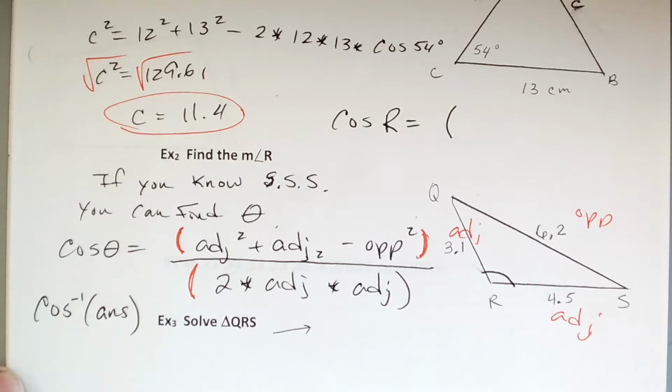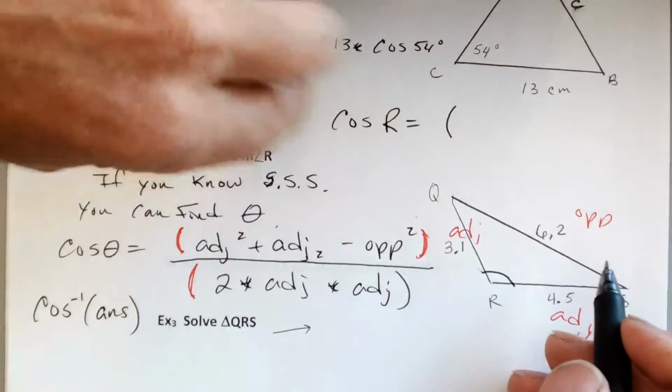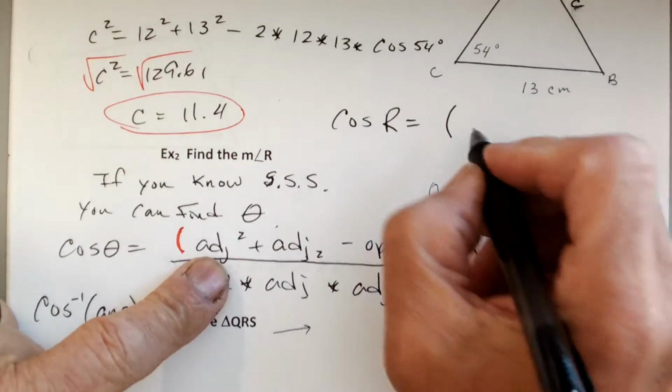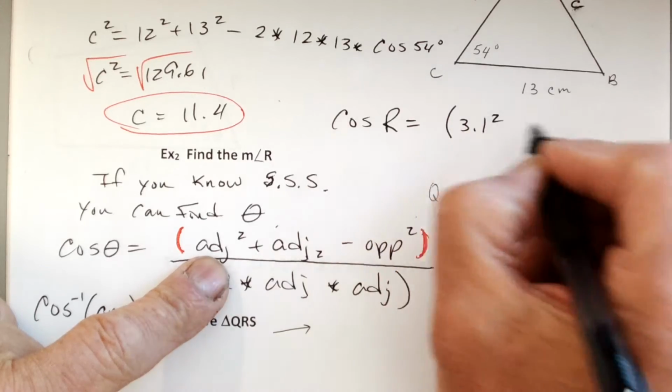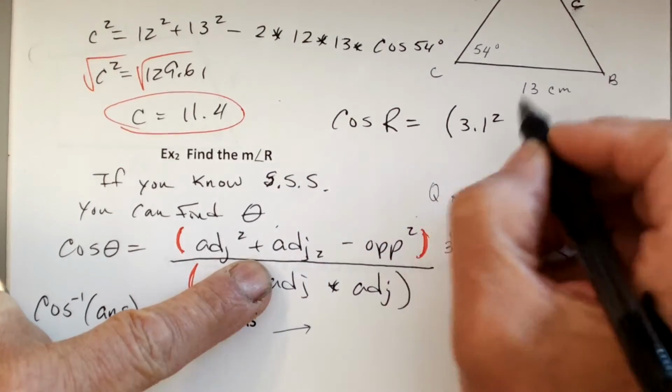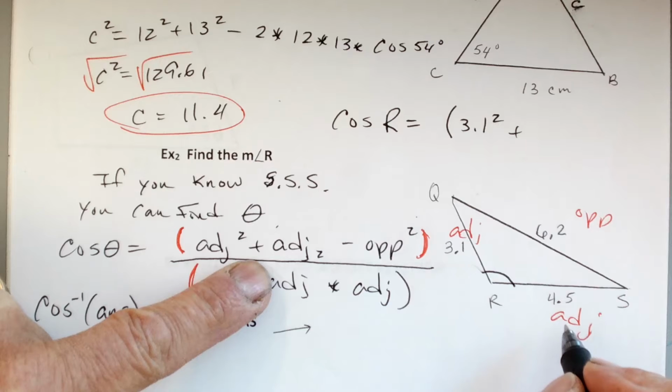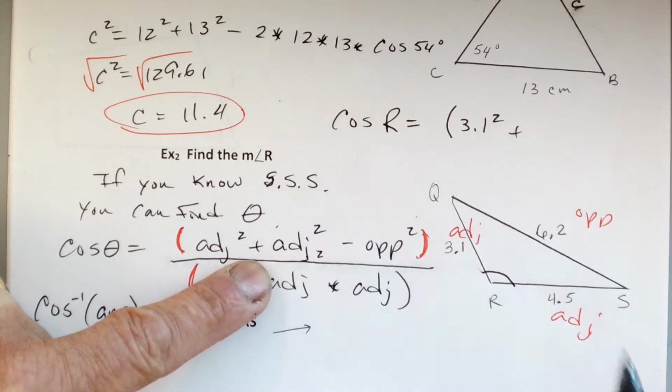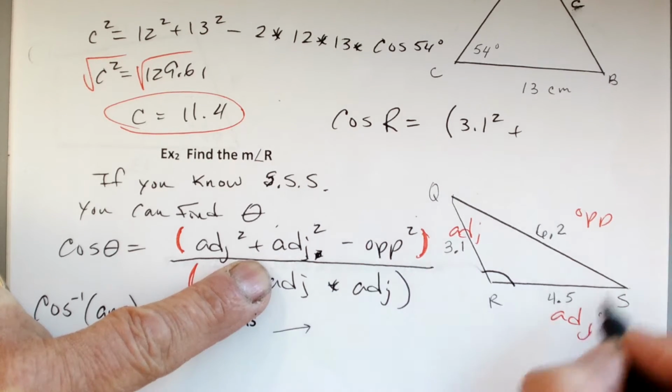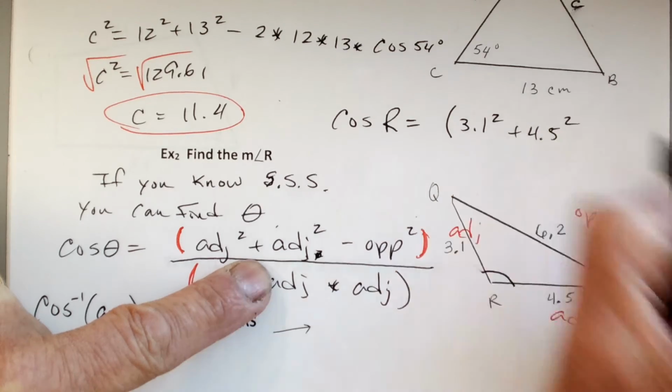All right, so I'm going to go cosine of R is equal to adjacent squared, 3.1 squared, plus the other adjacent squared, okay, which is going to be, let's just say, 4.5 squared.